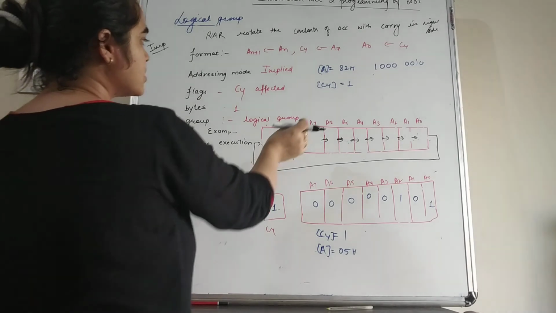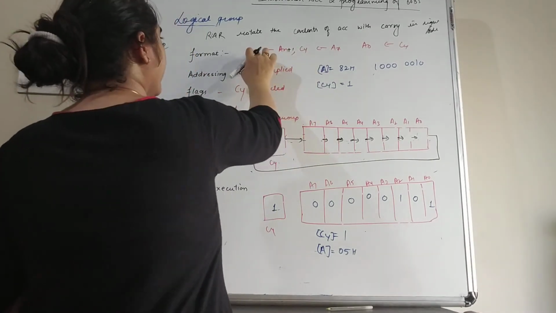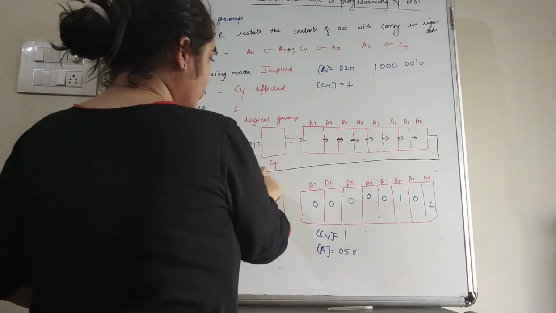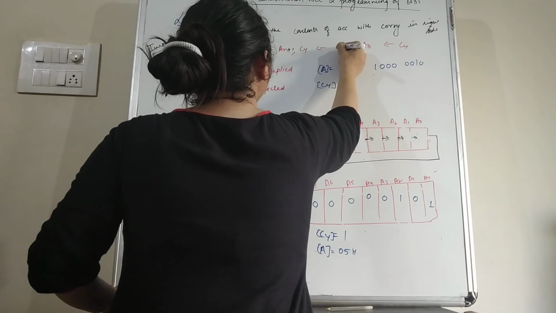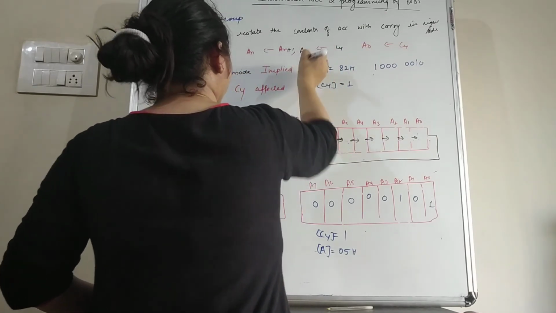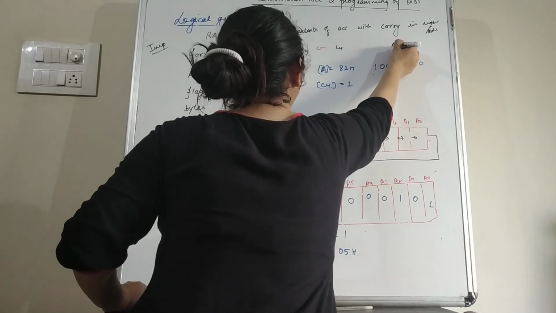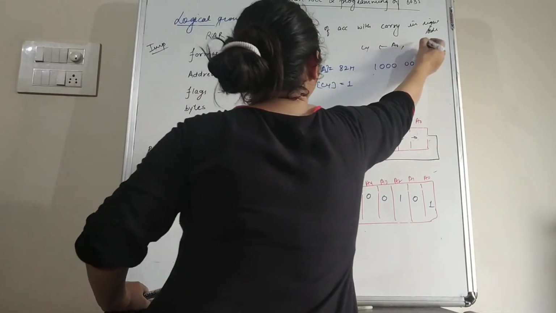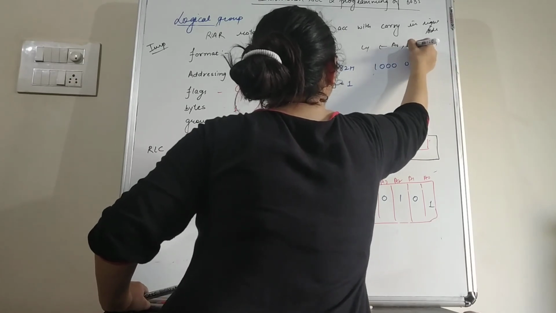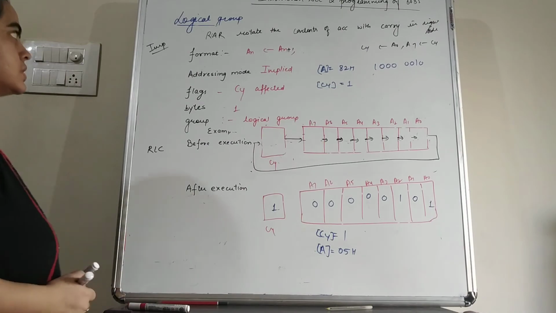So according to this format, the value of An+1 will be shifted to An, and the value of carry flag will be shifted to A7, as well as the value of A0 will be shifted to carry flag. So this is the format of this instruction.